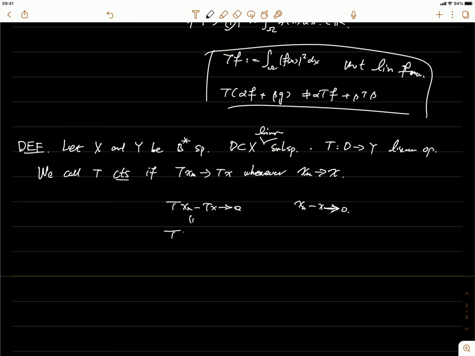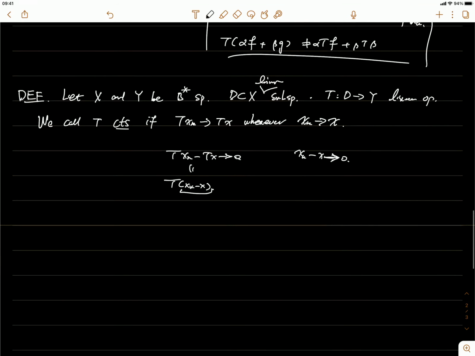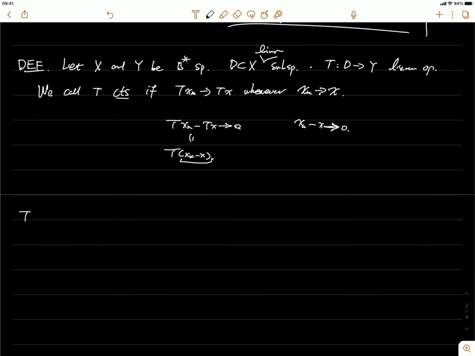But this is just T of xk minus x, because T is linear. So it turns out that when we consider continuity of a linear operator, we just need to care what happens near 0. Because if it's non-zero, then we can just shift everything back to 0. This is a linear space and T is linear. That's why we have this simple but very important property.